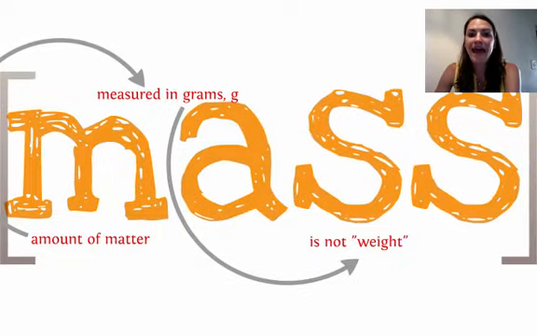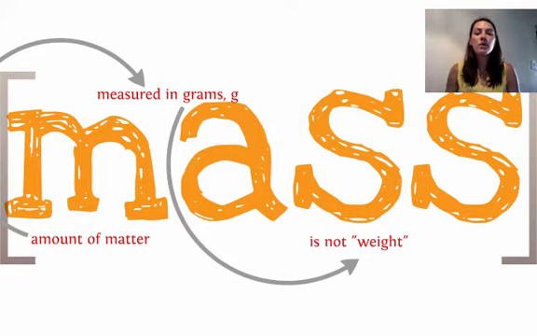All right. So mass. What mass is, it's the amount of matter. Okay, so it's an amount. It's not weight. Okay, there's a difference between mass and weight. Weight is what we talk about being like pounds on Earth, right? But you're a different weight on Earth than you are, say, on the moon. An astronaut might weigh 150 pounds on Earth, but then they go up to the moon, and because there's less gravity, they might weigh only 135 or 140.